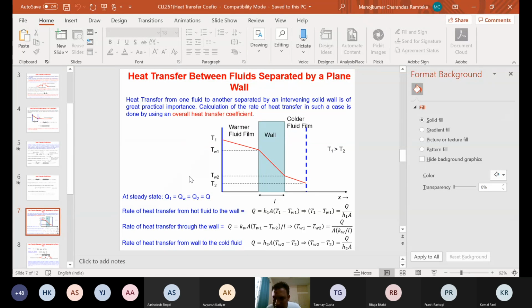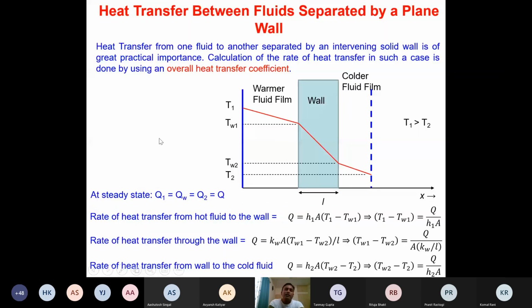In such cases, heat transfer is governed by the overall heat transfer coefficient and not just the heat transfer coefficient. Remember, in the last slide we only looked at the individual heat transfer coefficient, but when two fluids are separated by a metal wall, we generally have an overall heat transfer coefficient. We will see what the overall heat transfer coefficient is.